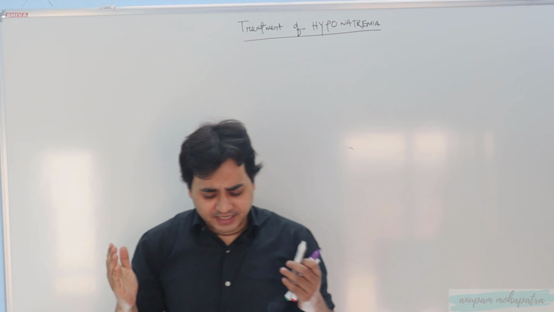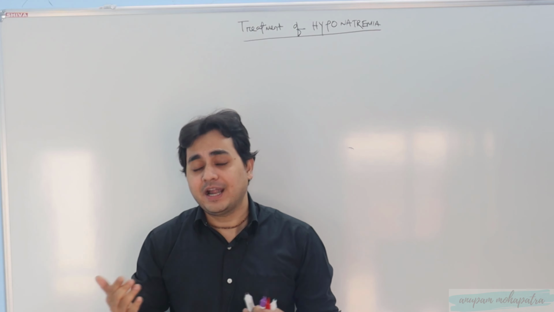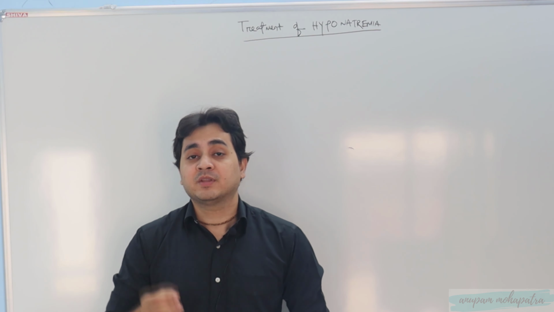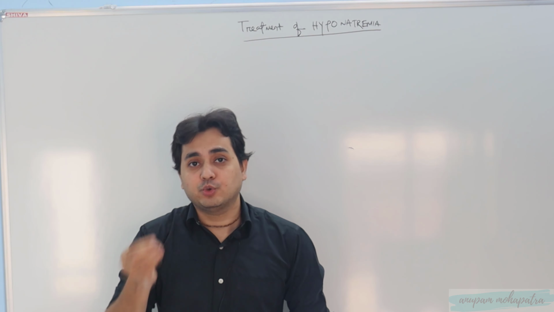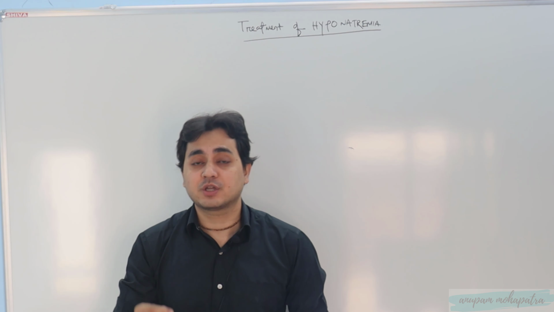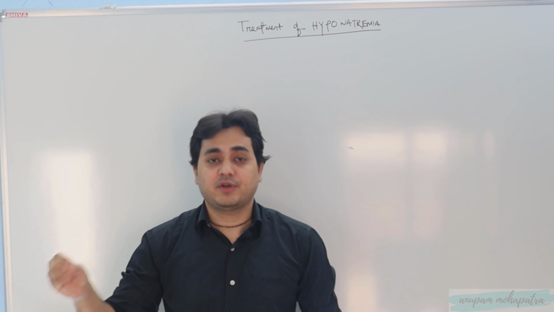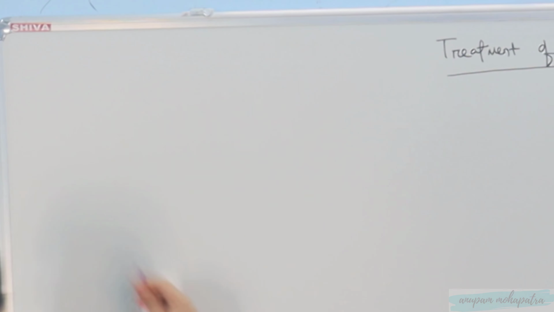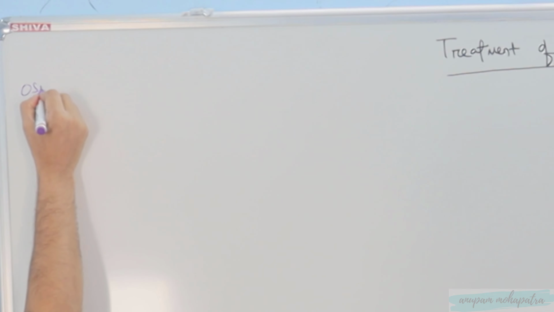Now what is osmolarity? Osmolarity can be defined from our chemistry books as the concentration of solute, or the number of solutes per unit mass of solvent. So what is osmolality?